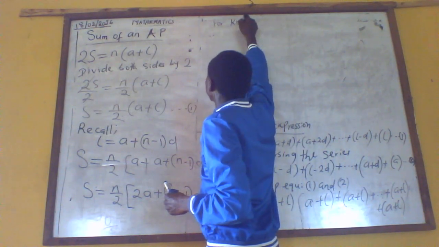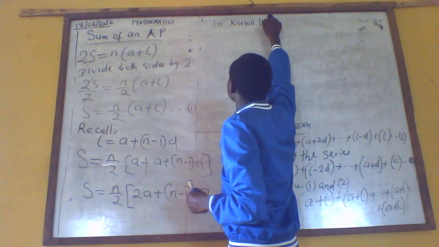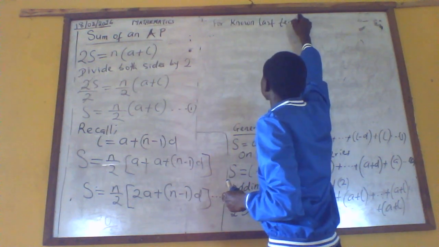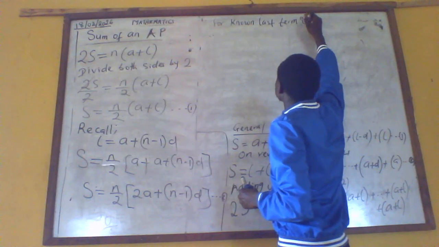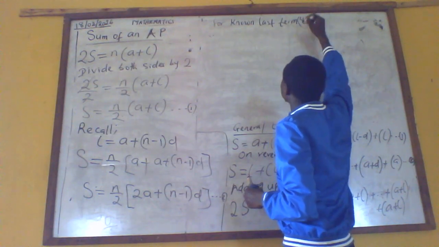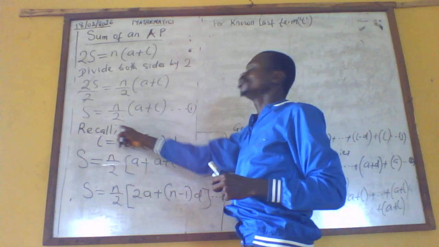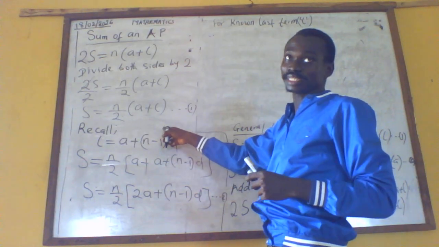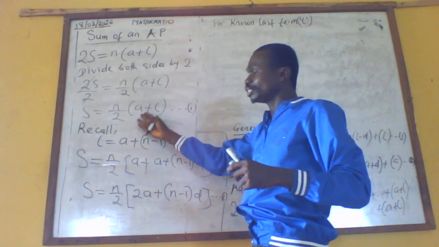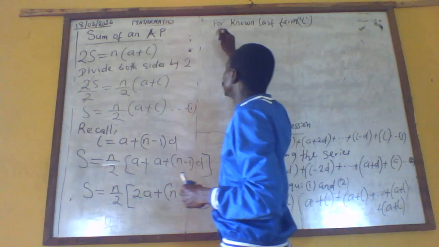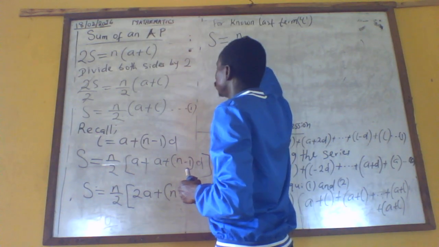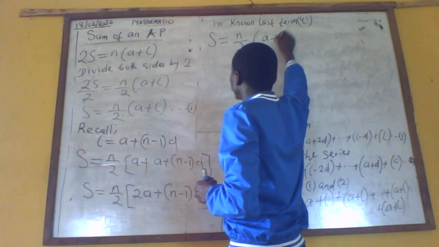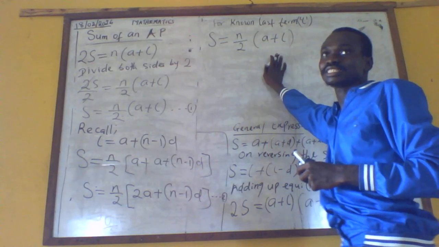For known last term, N. If I know my N, then I use the first expression easily. Do you get it now? Once I have my N, my A, I can calculate the sum. I will use sum is what? N over 2 into A plus N. First term plus last term.